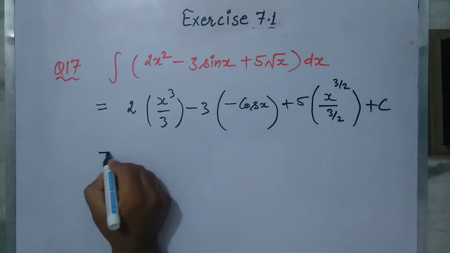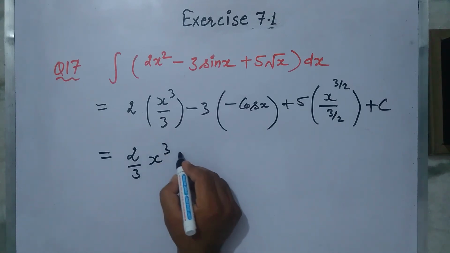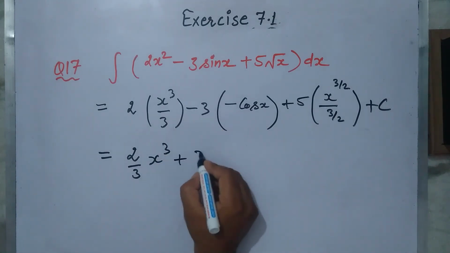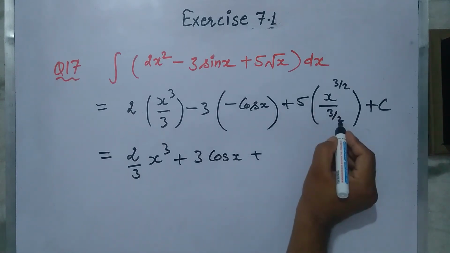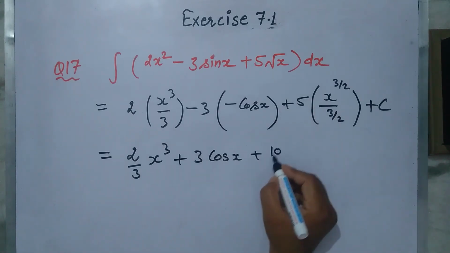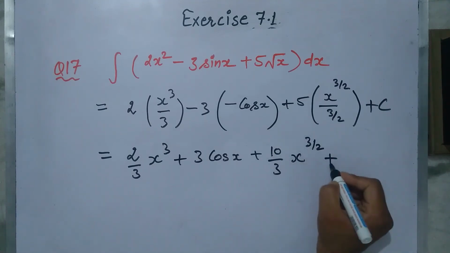This can be written as 2 upon 3 x power 3 plus 3 cos of x plus 5 into 2, 10 upon 3 x power 3 upon 2 plus c.